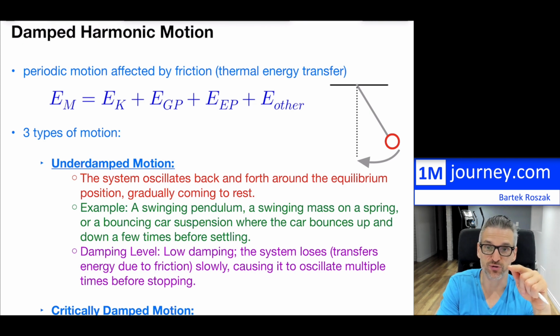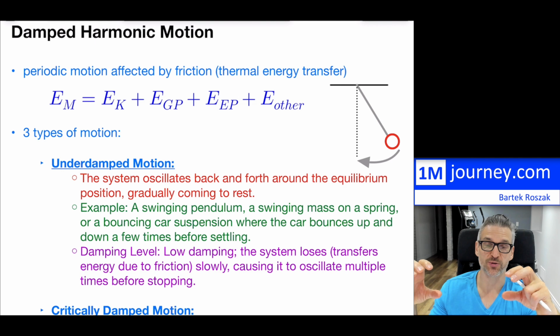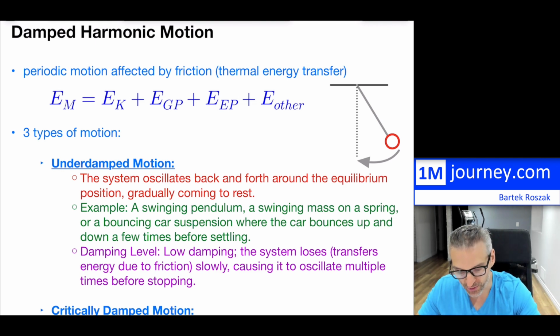Now, friction, don't forget, is nothing else but the transition of energy. That transitioning goes through heat, and then it dissipates into thermal energy. So if you're thinking about the law of conservation, which you maybe have studied, you have the equation here for mechanical energy. You might be thinking about kinetic energy, check, gravitational potential energy, check.